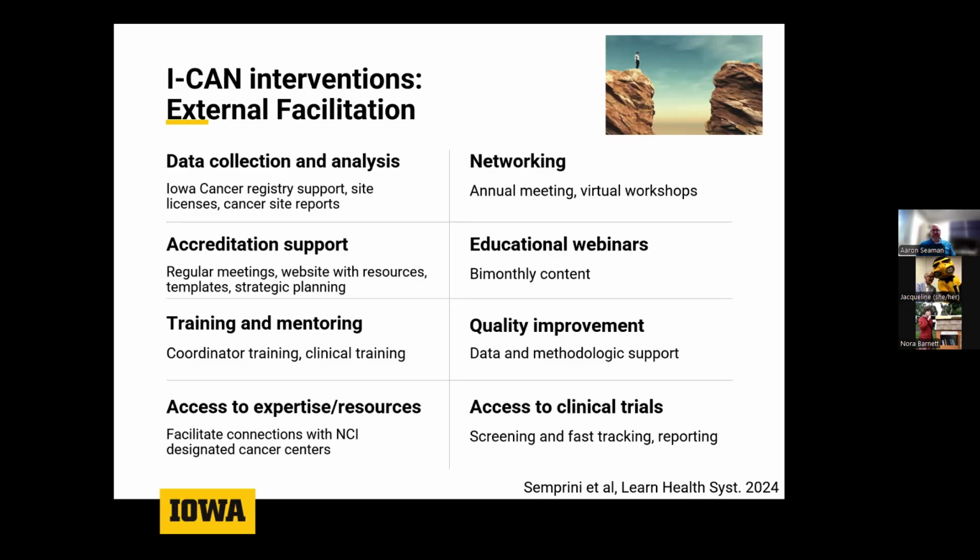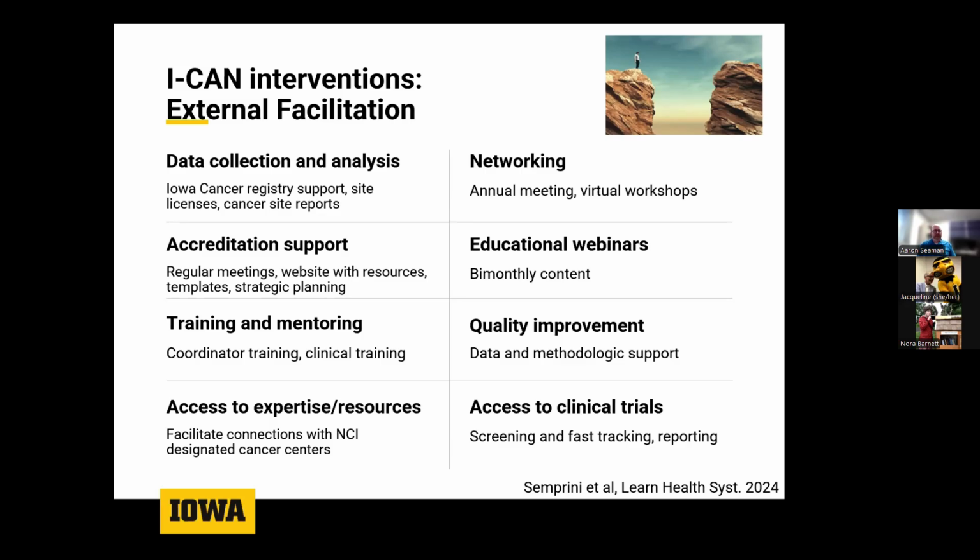We have educational webinars on a series of topics from accessing genetic counseling and facilitating referrals for that to thinking about building survivorship care or palliative care resources within your cancer program.